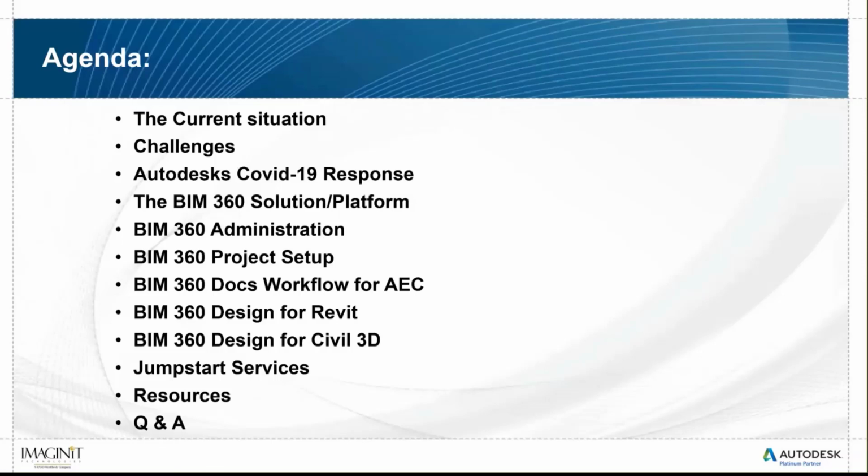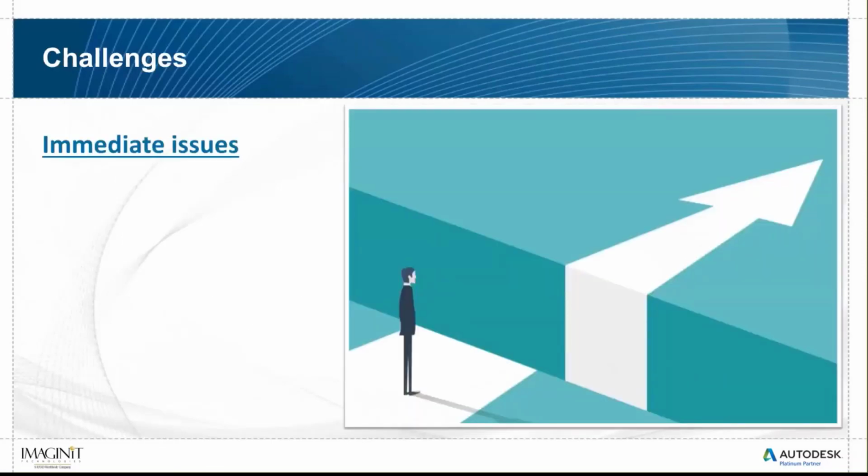So again, with the situation, we're having a lot of issues right now, of course, as we know with the COVID-19 thing. We have a lot of issues with working from home. We have a decentralized workforce, and that's the first challenge here. And then, of course, we also have hardware issues that we need to deal with, meaning that a lot of the Autodesk products and things that we use require certain levels of hardware.